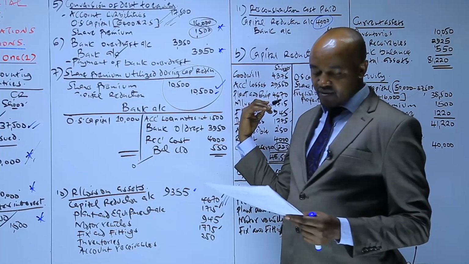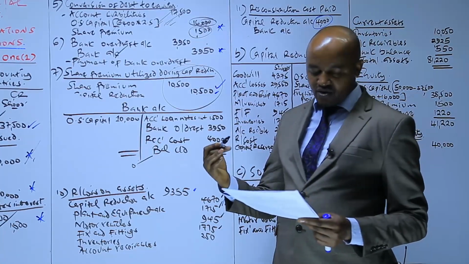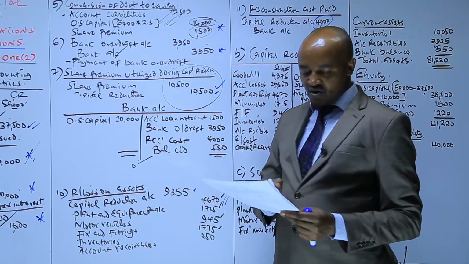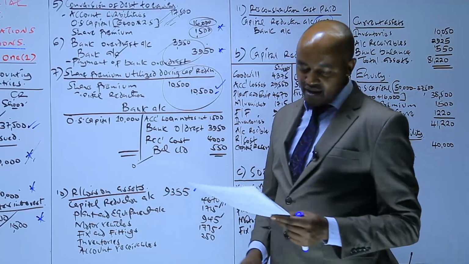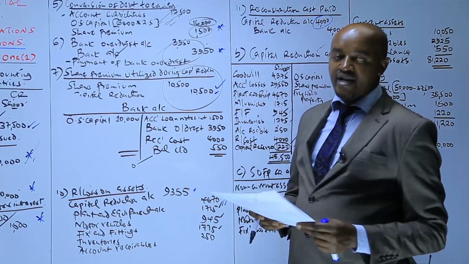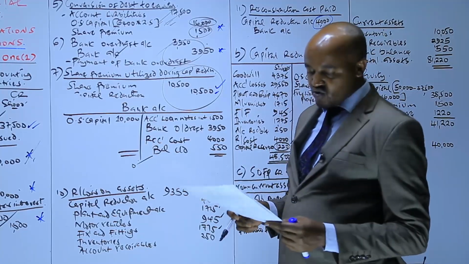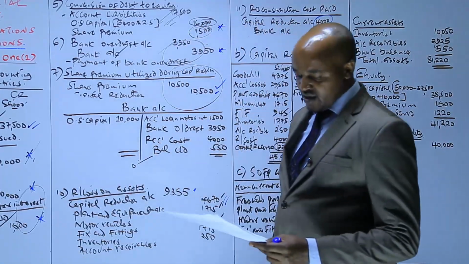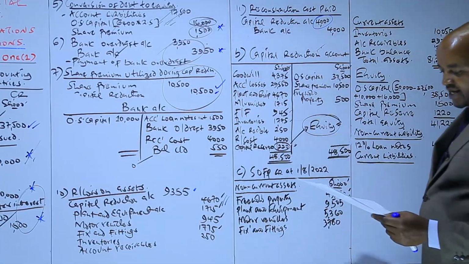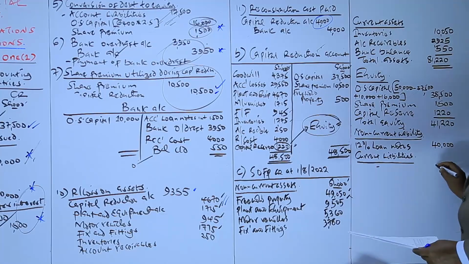So that amount will not appear there. That amount was converted into equity. Also, we have the bank overdraft. We know the bank overdraft was paid. The bank overdraft will not appear here. And equally, the accrued loan note interest, we know that was equally paid by the company here. So, meaning that all those particular current liabilities, none of them will appear here.